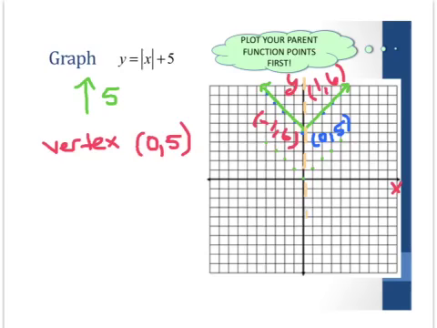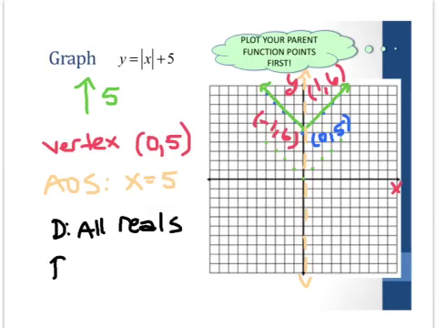So remember, it stays x equals 0 as long as there is no horizontal shift. And that's it. The domain would stay all real numbers. And the range is going to start at the y coordinate of the vertex and go up.